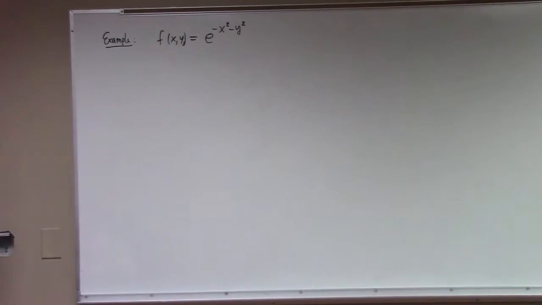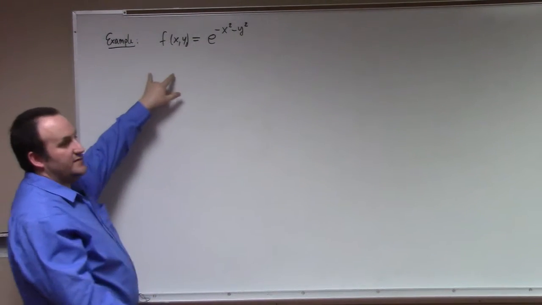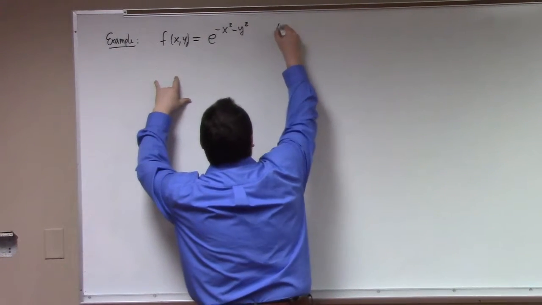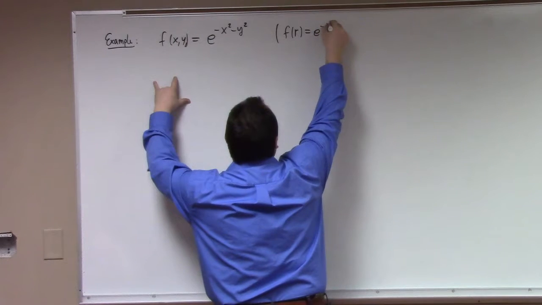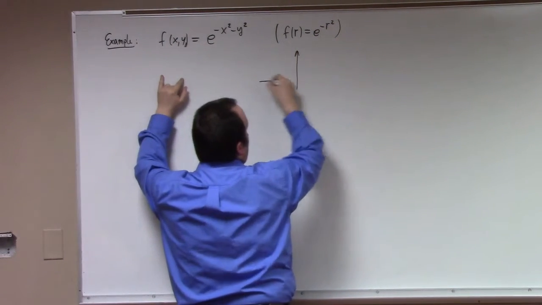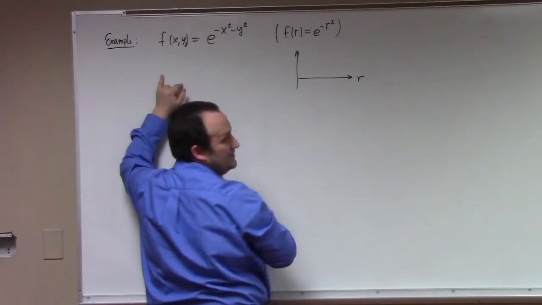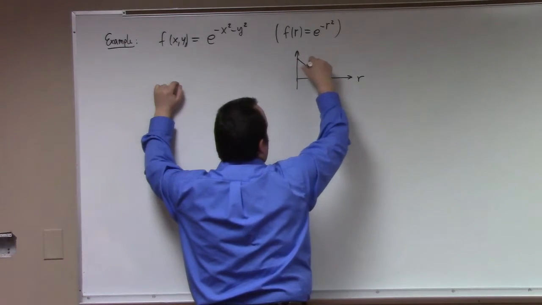Okay, so this function here, I can graph this, right? In fact, this function's even nicer if we put it in terms of polar coordinates, right? This is really just f of r equals e to the minus r squared, right? So if you were to plot r this way, in fact, we should really only plot r that way. Hey, r is non-negative, yeah? It starts at 1, and it just kind of goes like that.